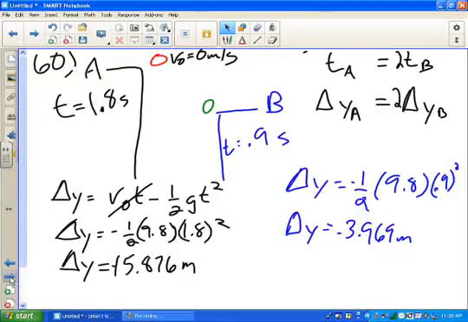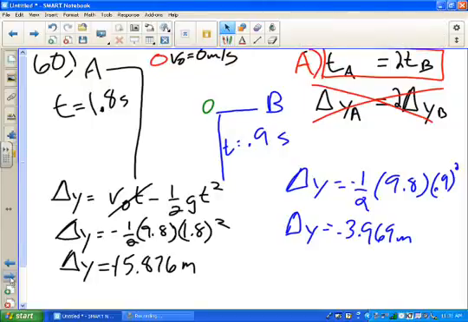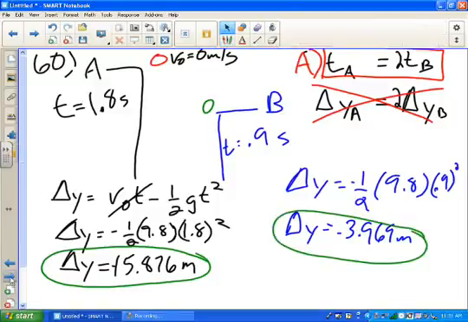Just to summarize what we're doing here: we were told that it takes twice as long for an object to fall from cliff A as from cliff B. We were asked to determine the ratio of the heights of cliff A to cliff B. Then we were given the time of 1.8 seconds for cliff A, which gives us the time of 0.9 seconds for cliff B, and then we mathematically calculated the heights.